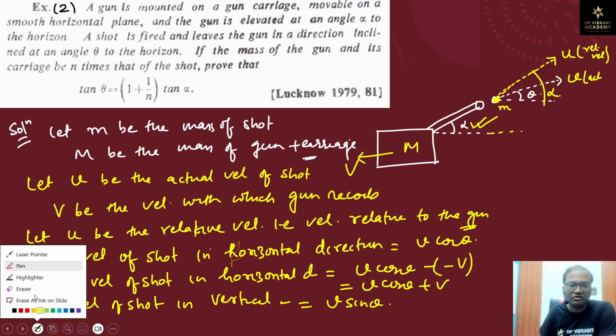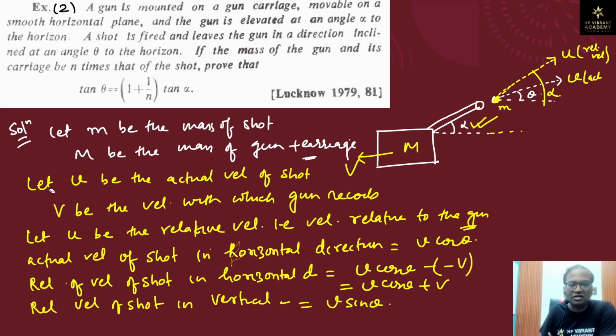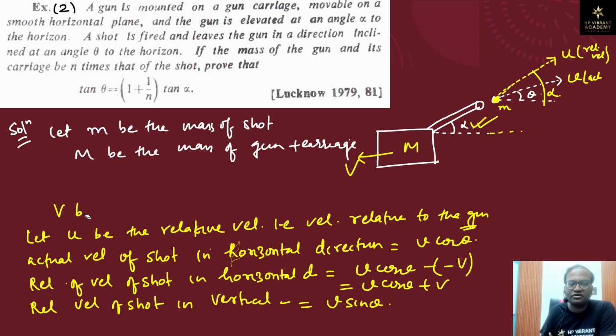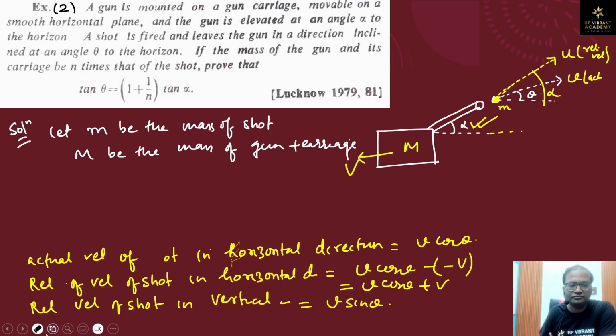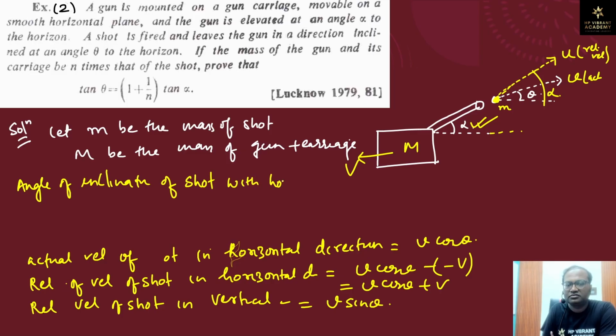Okay, so now we have u as the relative velocity. So the angle of inclination of the shot with horizontal will be equal to small v sin theta upon small v cos theta plus capital V, because this is relative velocity.